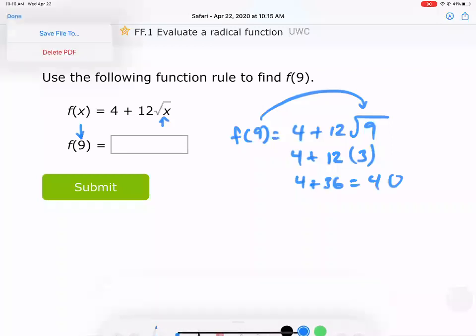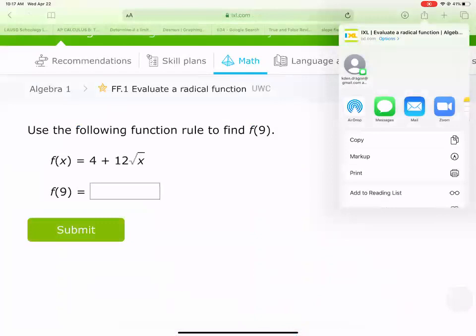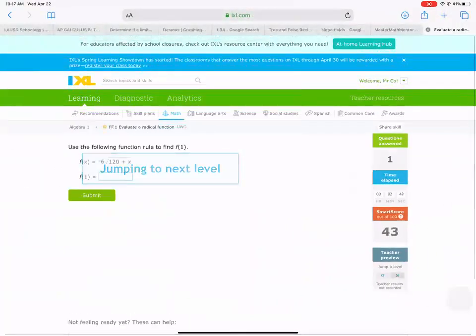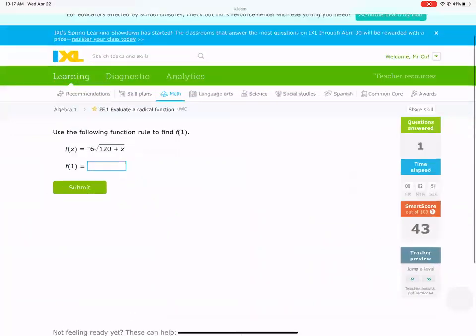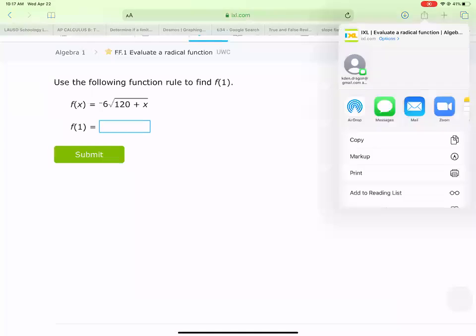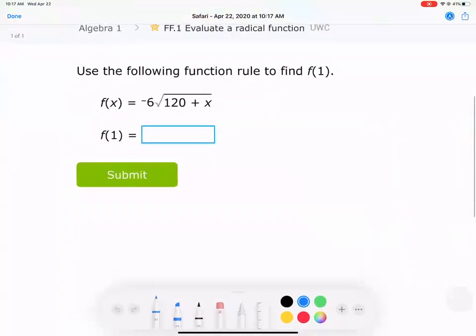Okay. Let's go ahead and look at some slightly harder versions again as this ramps up in IXL. So this problem here, kind of similar to how we started our problems. We're going to say, use the following function rule to find f at 1. So that means all the x values have now become 1.